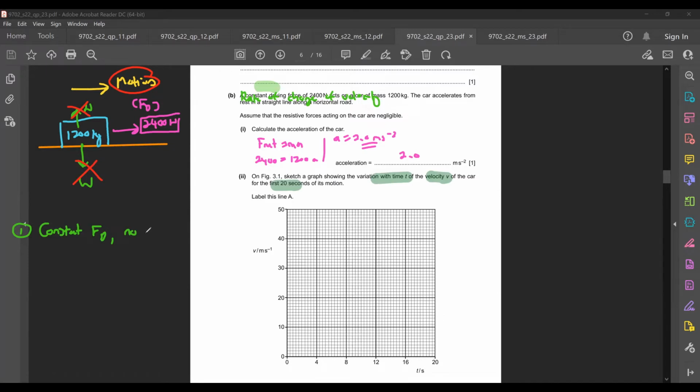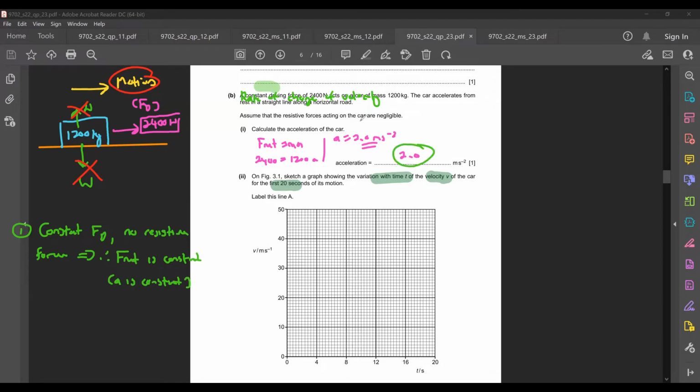Therefore, F net is constant. Okay, because the only force now is just your driving force and it's supposed to be constant. The question already mentioned that there's no air resistance to consider also. So F net is constant. A is constant. The acceleration of 2 meters per second square here that you have is supposed to be constant throughout.